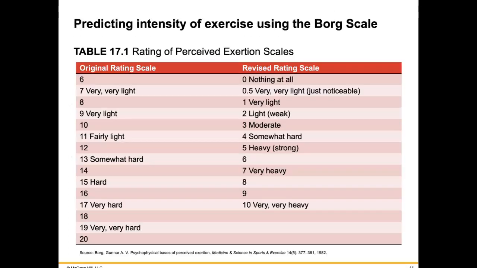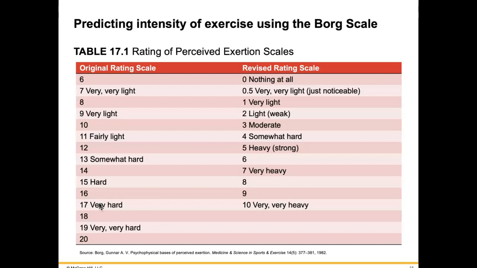Some people may also predict the intensity of an exercise using the Borg scale of rating of perceived exertion. You could see that we've got this revised scale from 0 to 10, and you could see all the descriptions here on the right-hand side. But here's our original rating scale, and that went from 6 to 20. So if we were looking at our Borg scale here, if we have our RPE from 12 to 17, that tends to correspond to about 40% to 89% of our heart rate reserve.